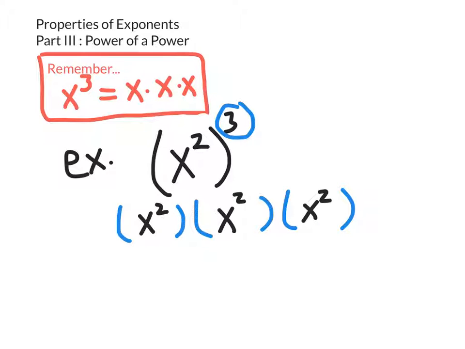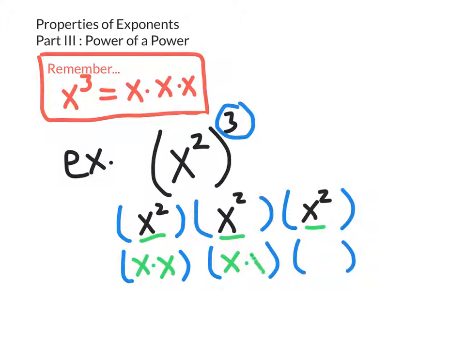The second thing that I want to do is look at each one of these on the inside. Each one of those can be represented by 2 x's, and so I can actually expand this even further. If I go on the inside and rewrite each one of these with 2 x's, I'm going to expand all 3 of these out.